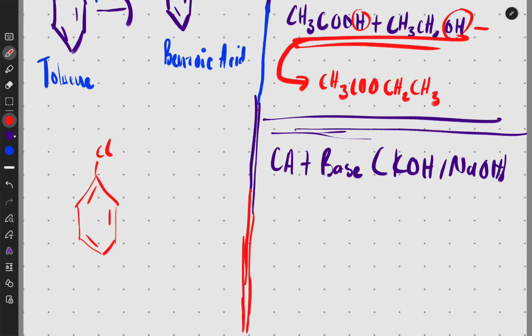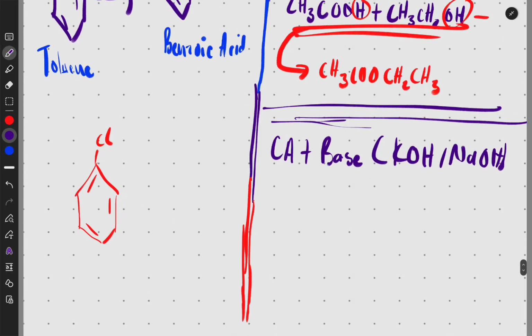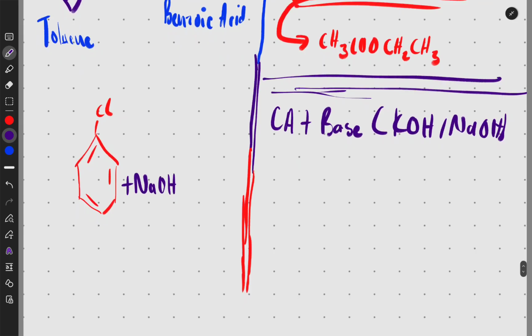We call this our haloarene. And when we added NaOH, we know what always happens. Whenever you add NaOH, you are going to get an alkoxide. For this one, we had to put the temperature to 623 kelvins and 300 atmospheres of pressure, and we still get our alkoxide first.